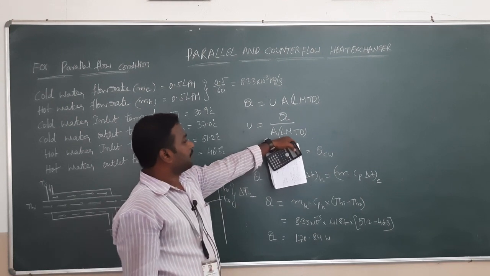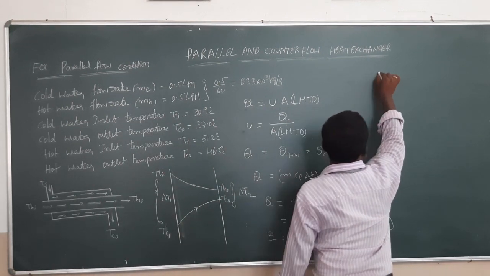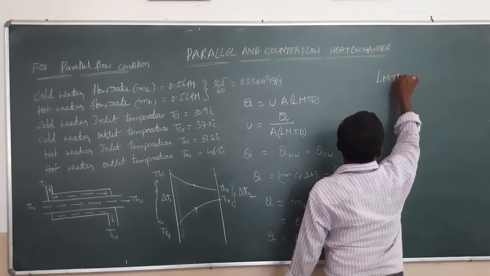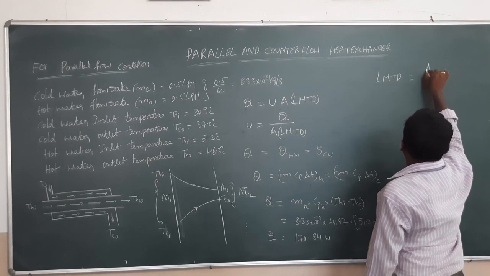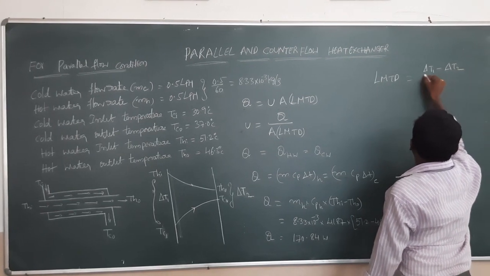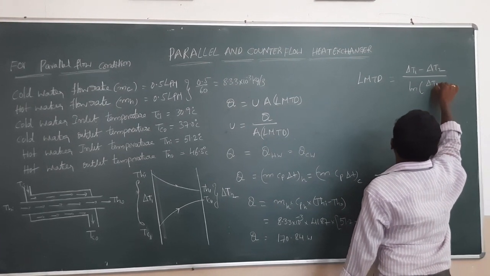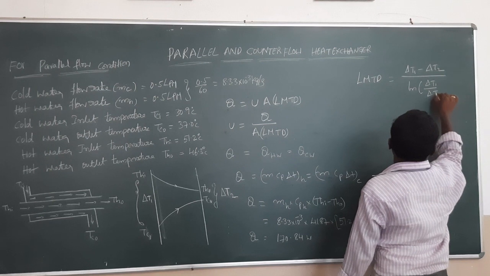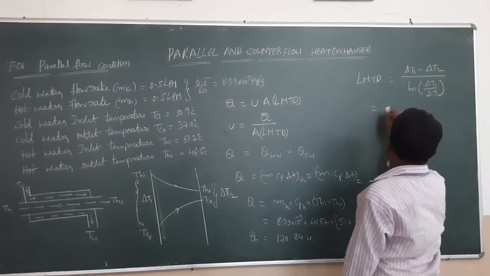So, let us find the LMTD by using the temperature profile. The formula for log mean temperature difference is delta T1 minus delta T2 divided by ln of delta T1 divided by delta T2. Substitute the values here.